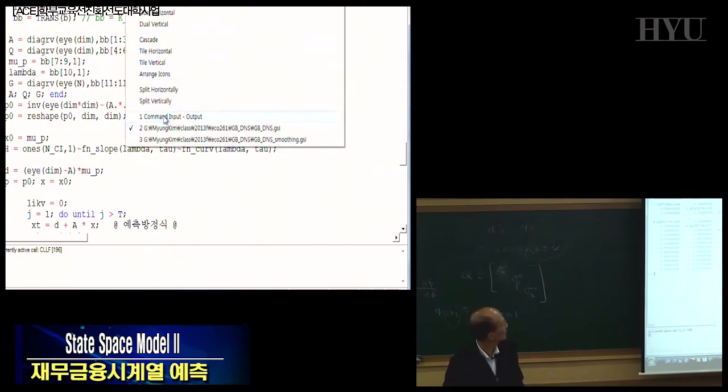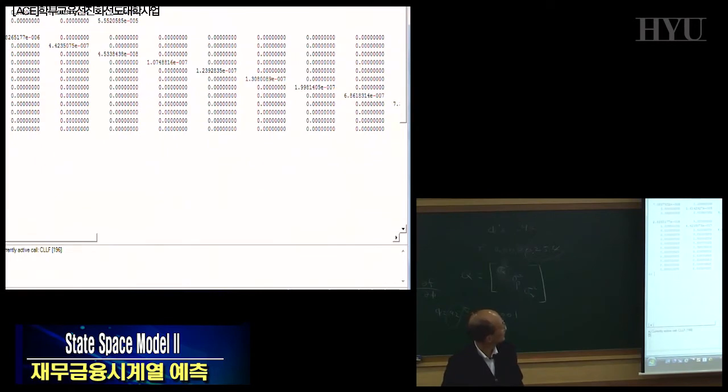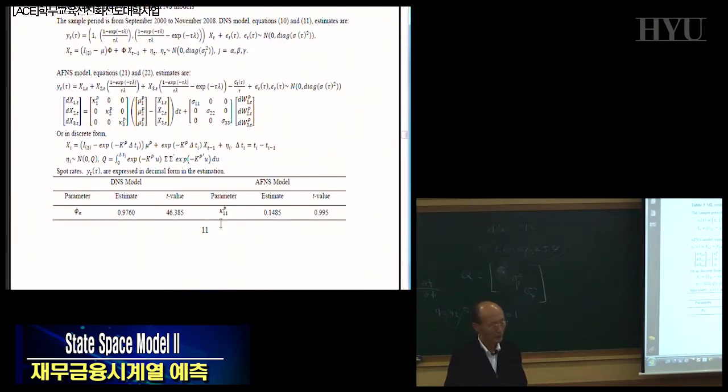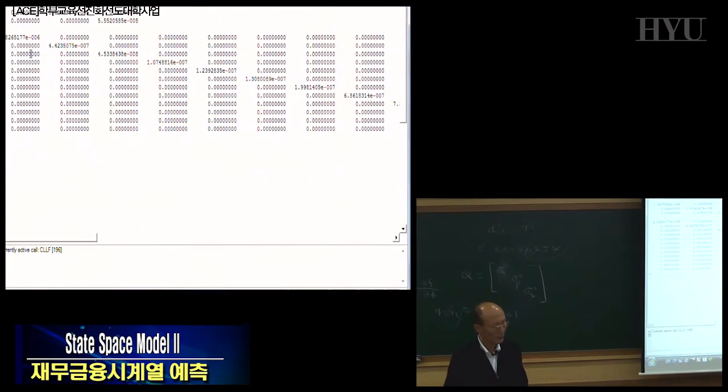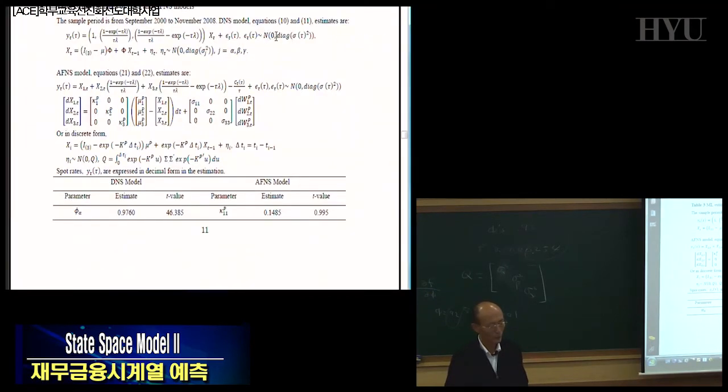Okay, so a matrix of coefficients, right? And their variances, and these are variances as well. So this one corresponds to this one.